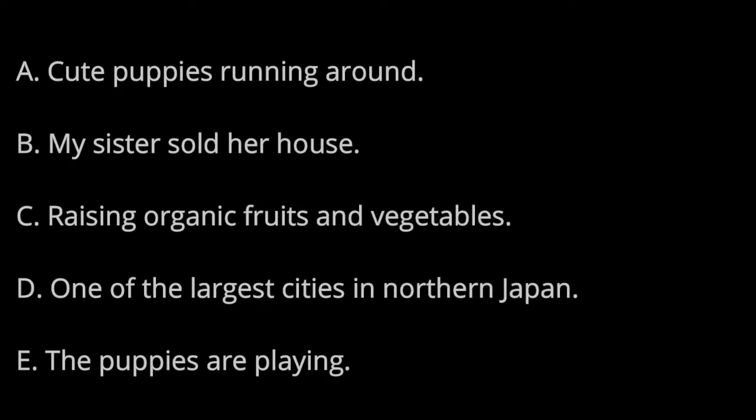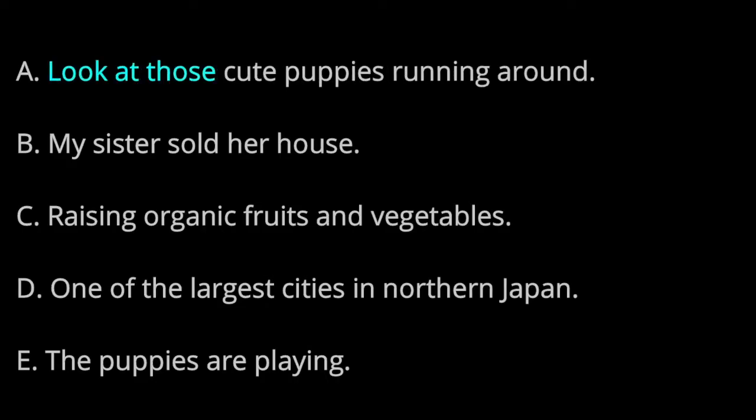These are complete thoughts. The others just seem like pieces or fragments. They need more. Like, you could maybe say, look at those cute puppies running around. That would be a complete sentence. Or, raising organic fruits and vegetables can be profitable. That would be a complete sentence.